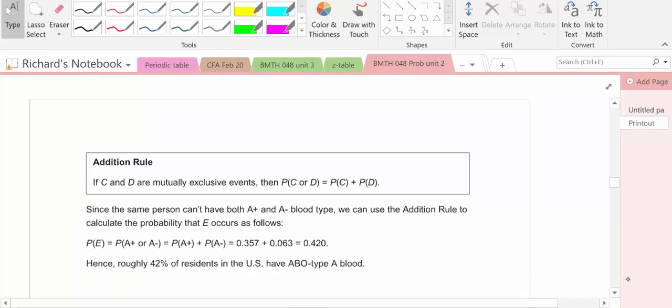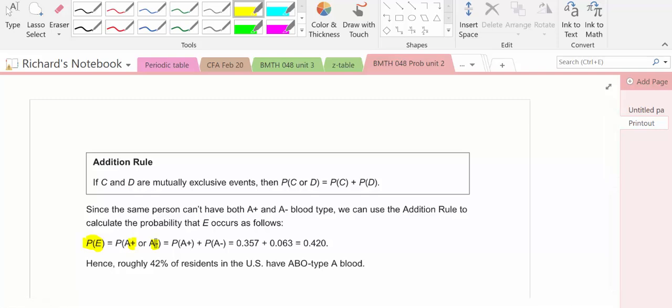I've already introduced this concept in the previous example, but this is where we have the probability that event E occurs. That's the probability that some randomly selected person will have blood type A. So blood type A means it can either be A plus or A minus. Notice the keyword or. That means you're going to add the probabilities.